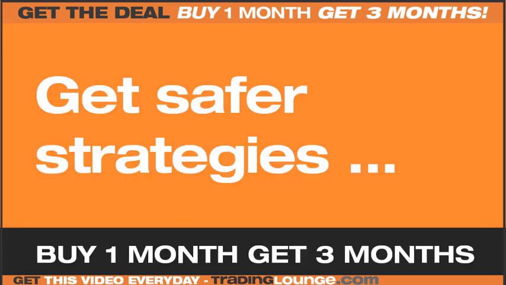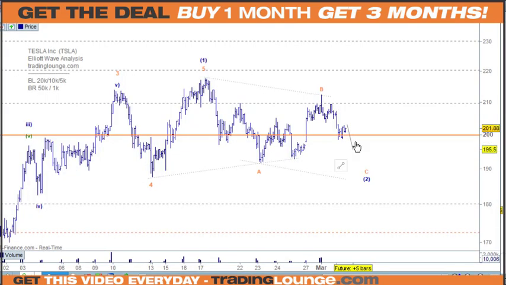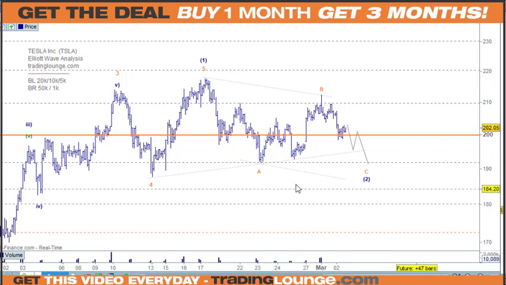Yeah, it's probably something like this. I mean, obviously this trend line we can put back into play here. That's going to give us a little bounce in there. So yeah, I mean, not technically, but we kind of want to see a move below the A wave here, really.